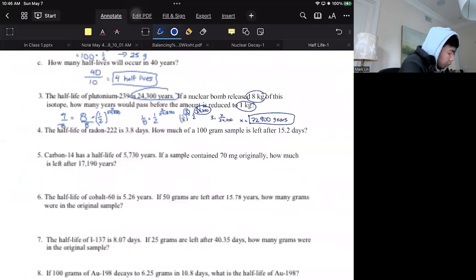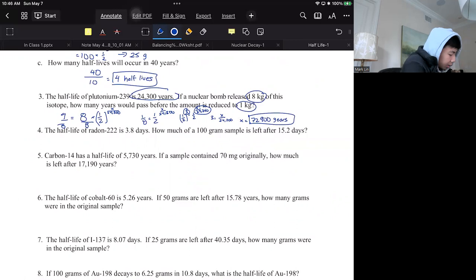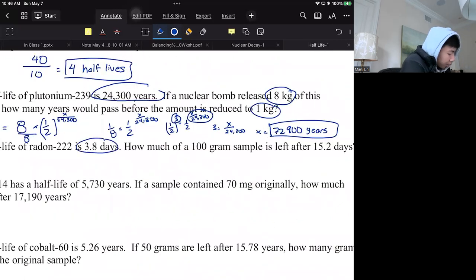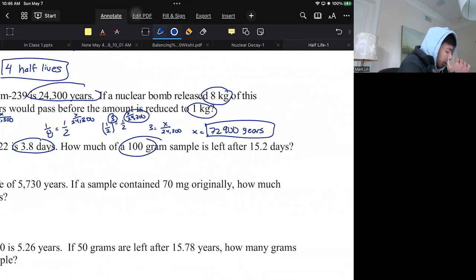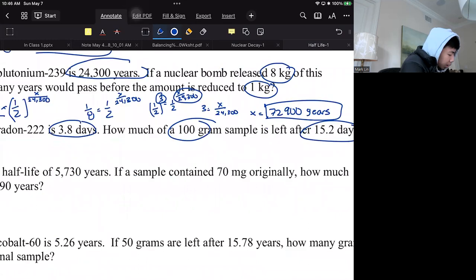All right, sweet. Moving on, number 4. The half-life of radon 222 is 3.8 days. How much of a 100-gram sample is left after 15.2 days? So we have the half-life right here. We have the initial amount, which is 100 grams. And then we have the time elapsed. So time elapsed is 15.2 over 3.8.